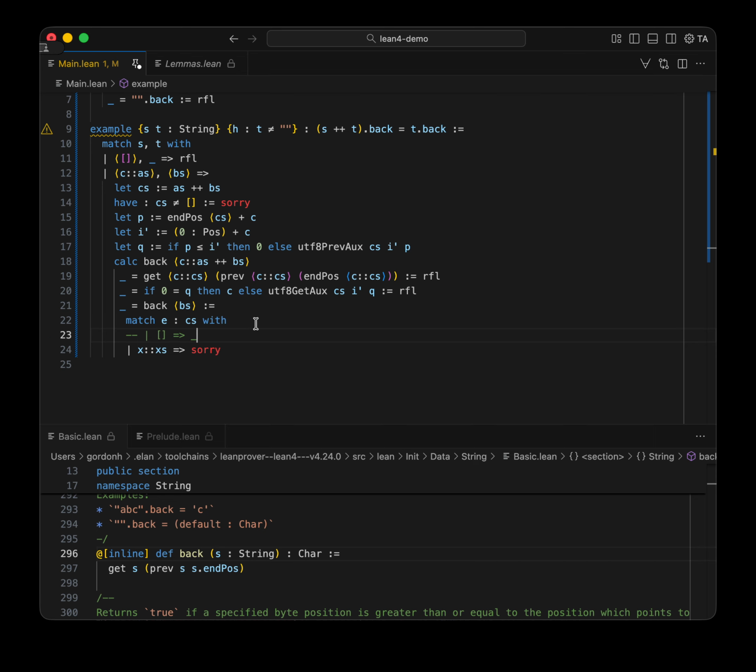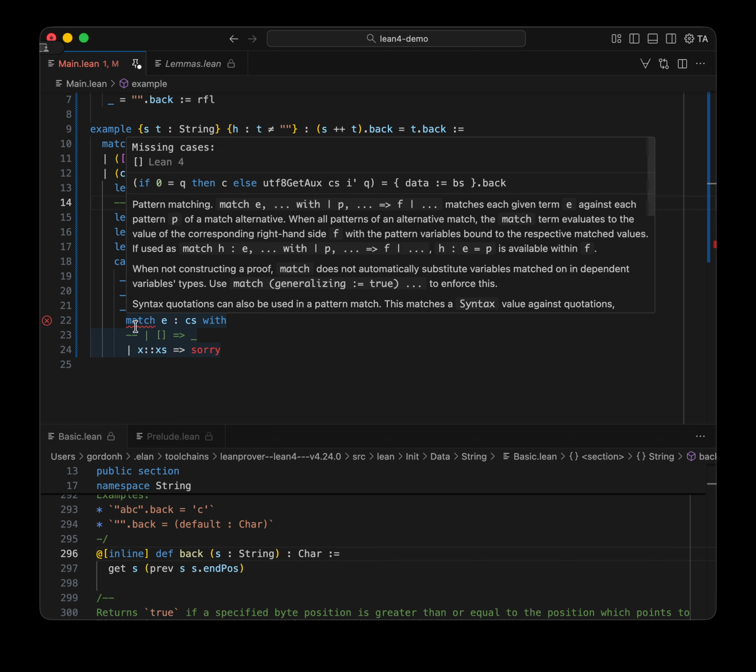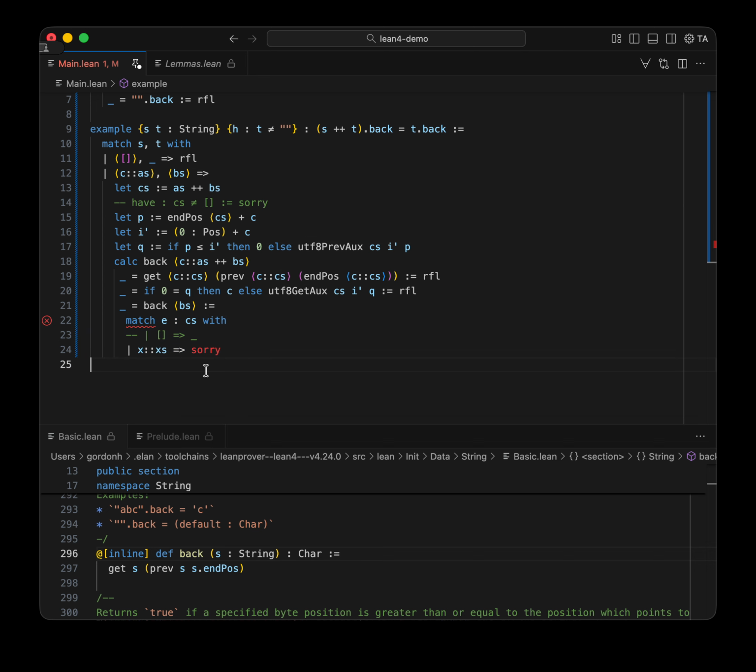Take a look again. Suppose I comment this out, right? You'll see a warning saying that it's missing one case. But somehow this will allow the compiler to exclude that case, the empty case.